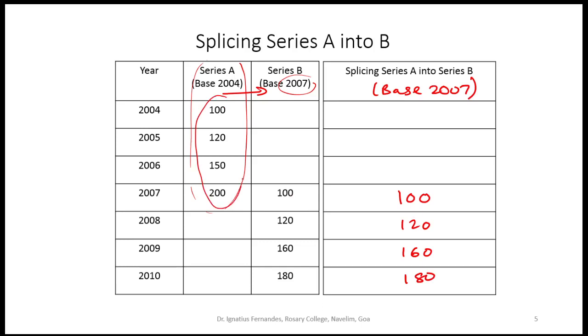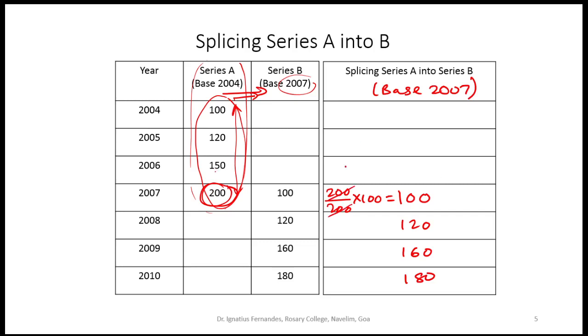Only these numbers are to be converted to base 2007. So what I do in this case, I'll have to divide each one of them by 200 multiplied by 100. So when I divide 200 by 200, it is like 200 by 200 multiplied by 100. That is how I get 100, because 200 cancels.